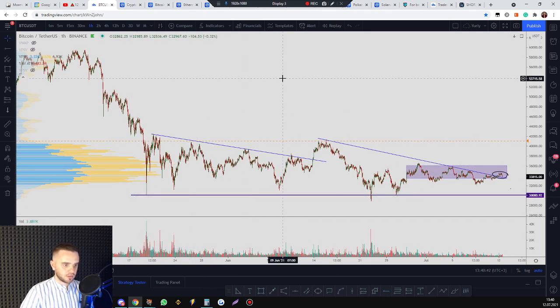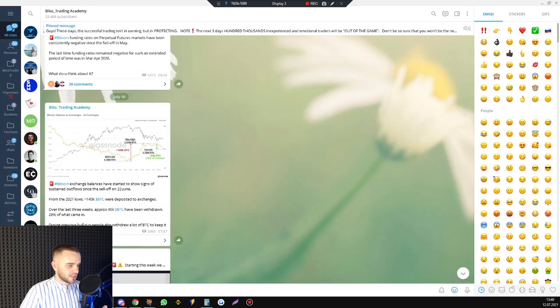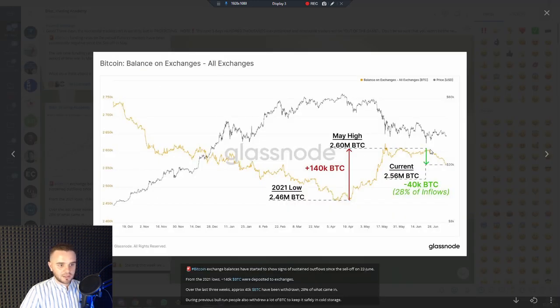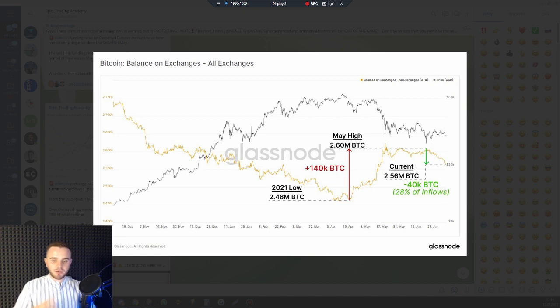Take a look here. After this real low and massive volume hunt, the trend stopped, and take a look what they started. They finally started to withdraw Bitcoins from exchanges. It's a good signal, my friends, because it's a signal that big guys accumulate Bitcoins. Remember how it works. When you buy Bitcoin, to keep it safely, you withdraw it from exchange and put it into cold storage.